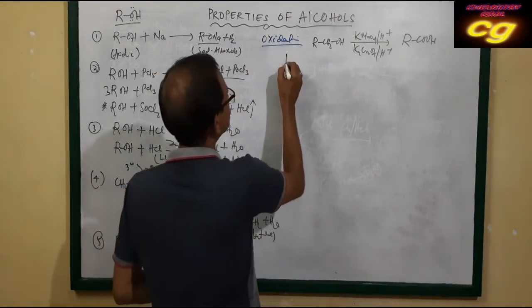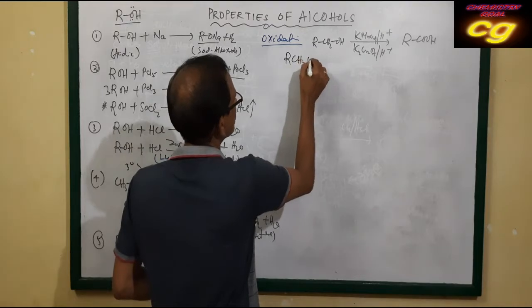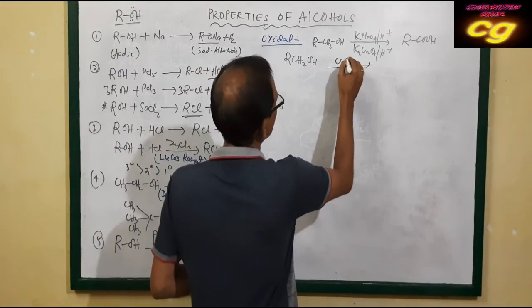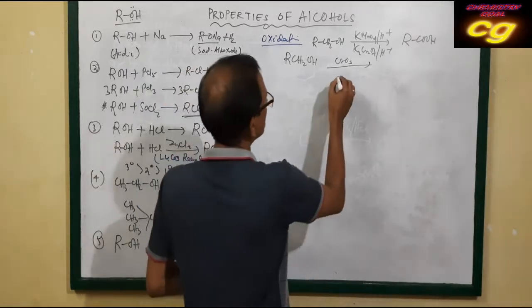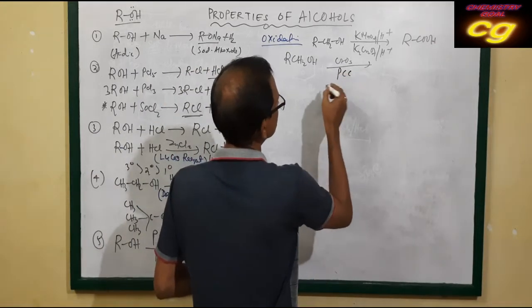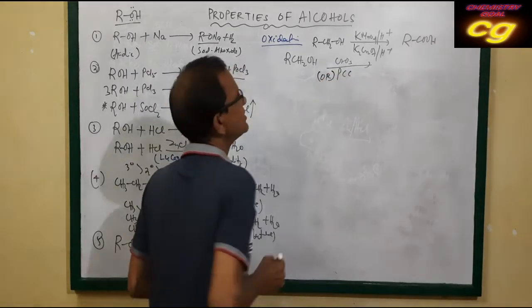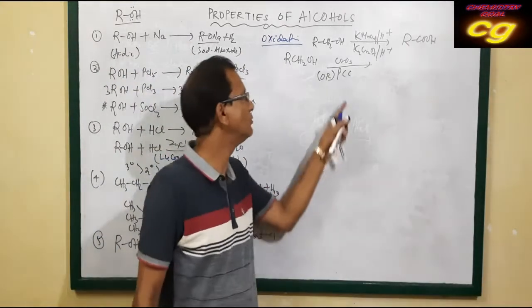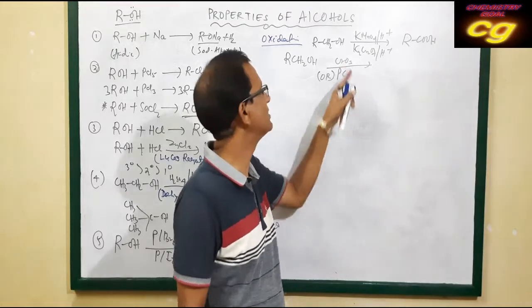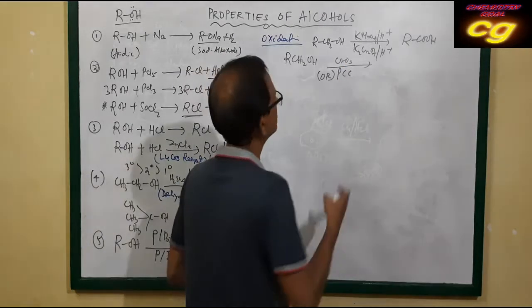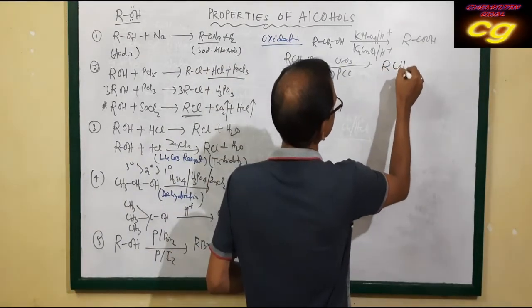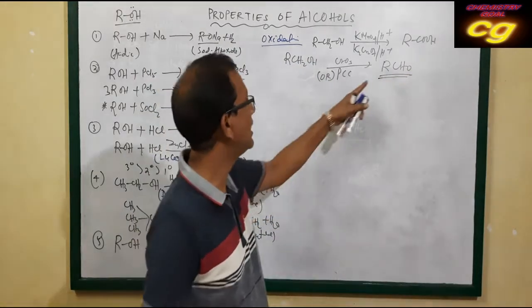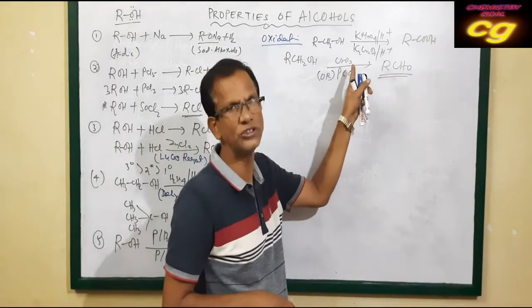But if you use a weak oxidizing agent like CrO3 or PCC, pyridinium chlorochromate, the result will be aldehyde. Here acid cannot be produced, only aldehyde, because it is not a strong oxidizing agent.